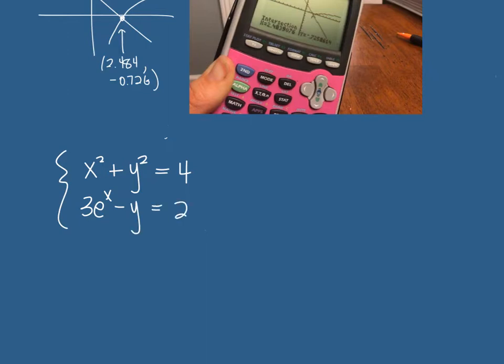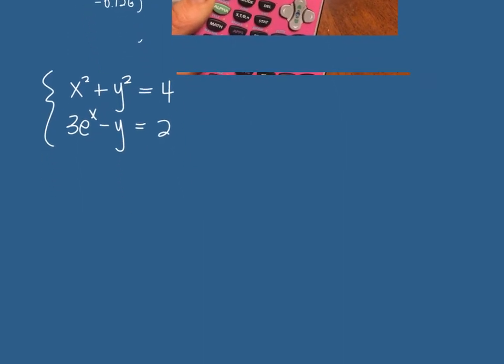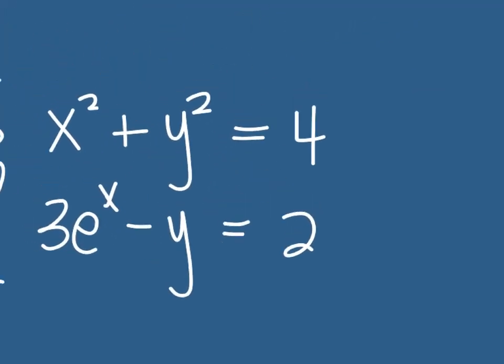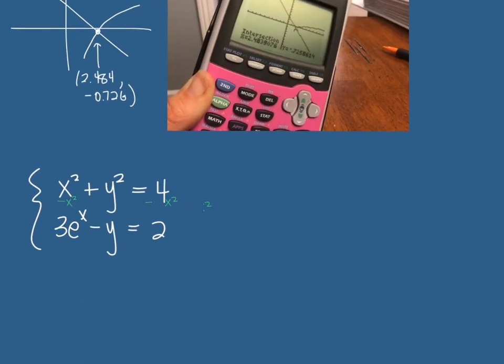All right, so we need to get our y variables alone in this case. So let's look at the first one. The first thing I would do is to subtract x squared from both sides. So that would leave me with y squared equals 4 minus x squared.